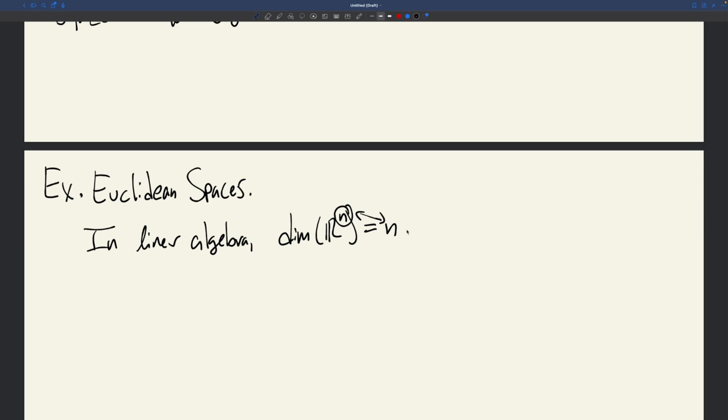Not always the case. It doesn't always have to be the case that, say, F^m, where F is a field, has to be exactly dimension n. Or we should write this more properly: dim of F^n is equal to n. Not always.